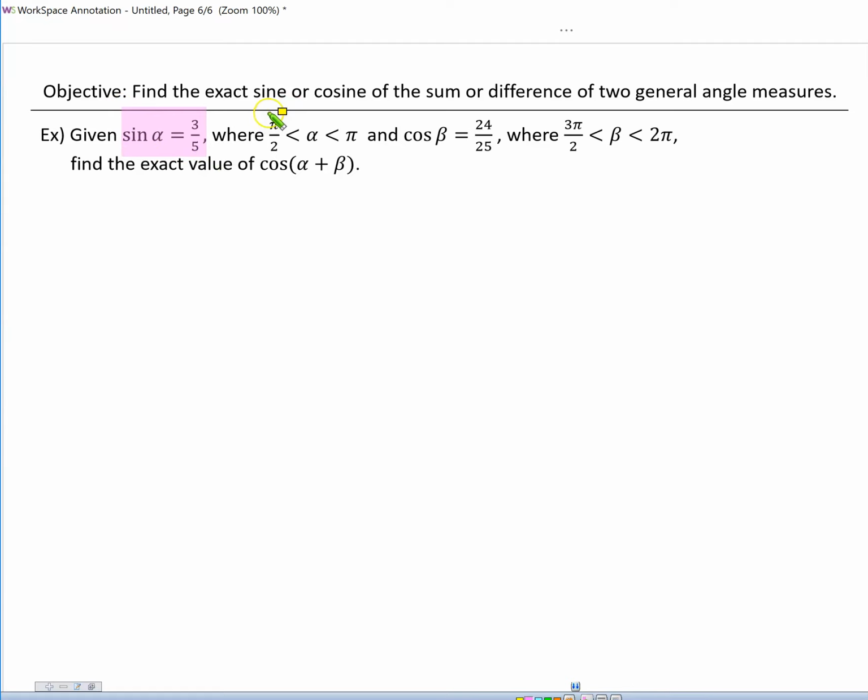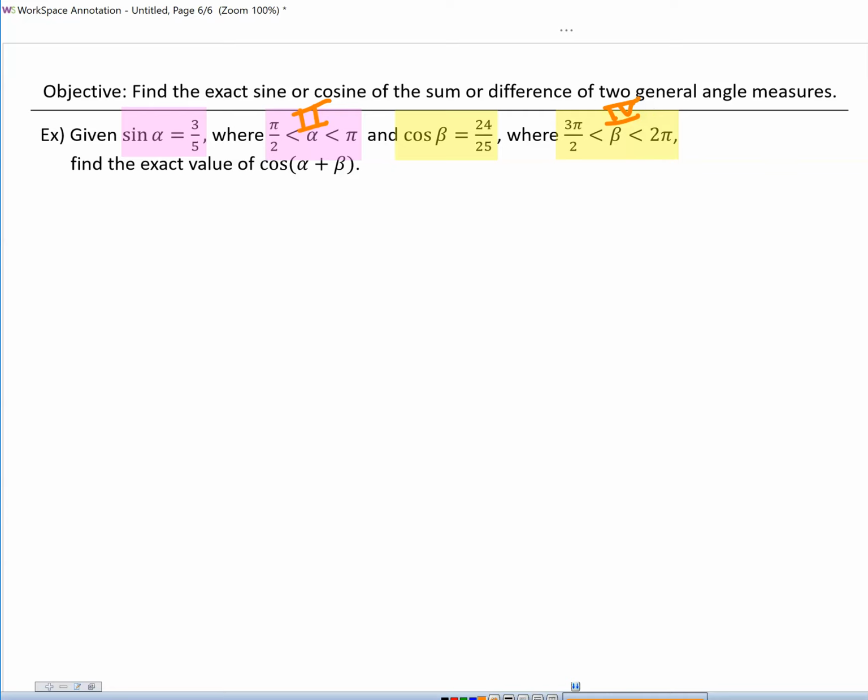We are told that alpha is between pi halves and pi radians, so that is going to put it into quadrant 2. We are told that the cosine of angle beta is 24/25, and that beta is between 3 pi halves and 2 pi. So that's going to put it into quadrant 4.